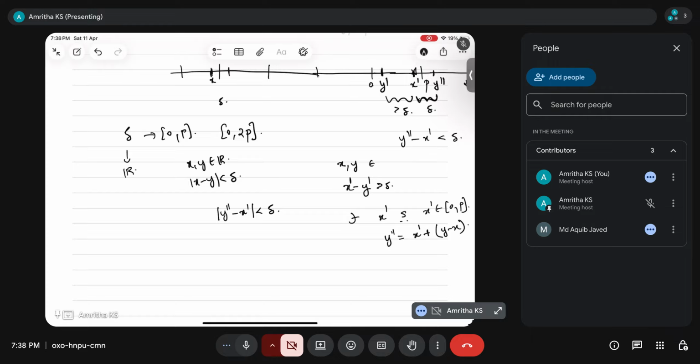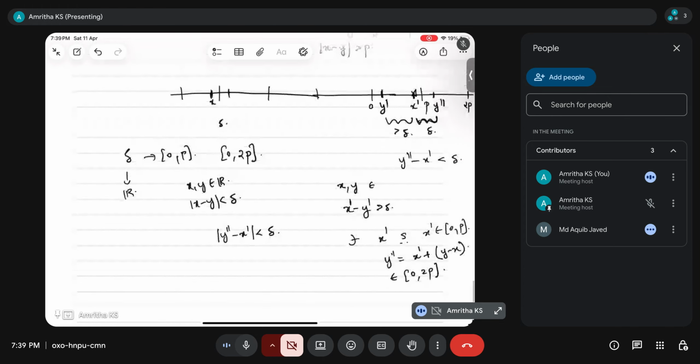Add that distance, you get y double dash. And y double dash is in 0 to 2p. Yeah, that is right.